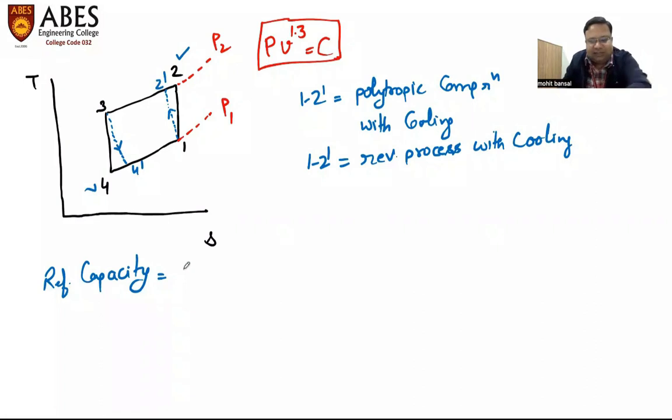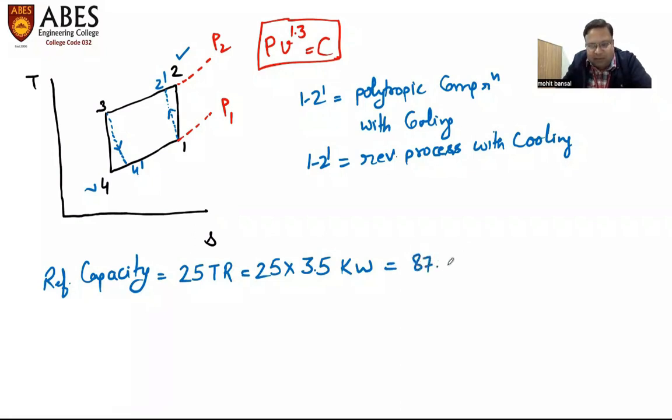Refrigeration capacity in this problem is given as 25 TR, 25 tonnage of refrigeration. And we all know that 1 tonnage of refrigeration is equal to 3.5 kilowatt. So this comes out to be 87.5 kilowatt. Refrigeration capacity of this system, which is based on the Bell-Coleman cycle, is 87.5 kilowatt.